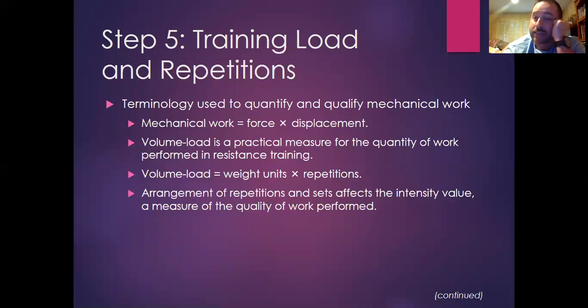Okay, so you can add it that way. That's an assumed volume load. An actual volume load is going to be whatever weight they utilized times whatever they completed. Okay? So the arrangement of your repetitions and sets can affect the intensity value and the measure of quality work that's going to be performed.